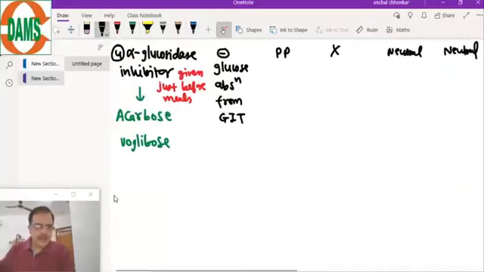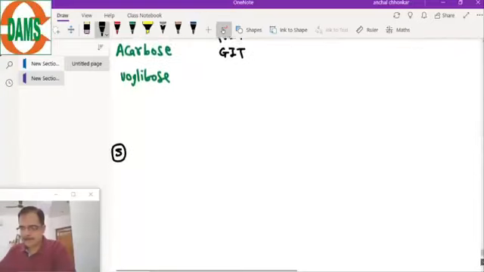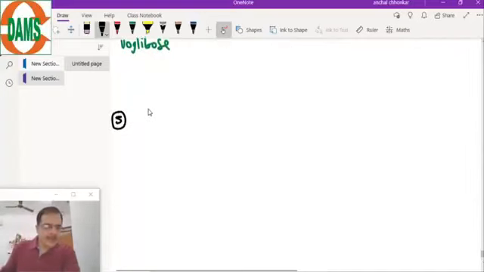Now coming to number 5 agent. Number 5 agent is the SGLT2 inhibitors.